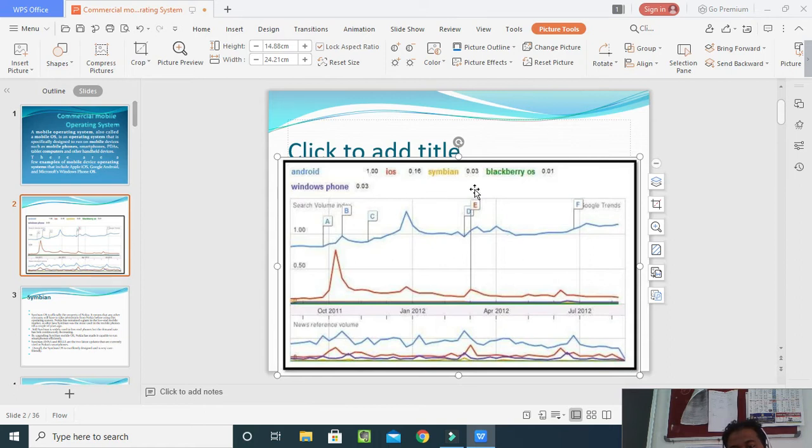Others are 0.6, 0.03, 0.01, 0.03, so their demand is very low. This is the data from October 2011 to July 2012. Within a period of nine months, the demand has increased.